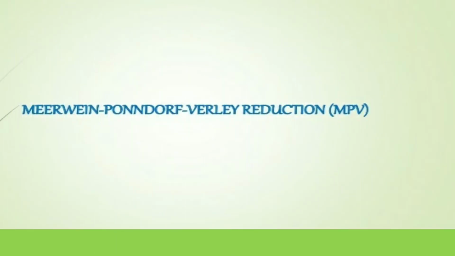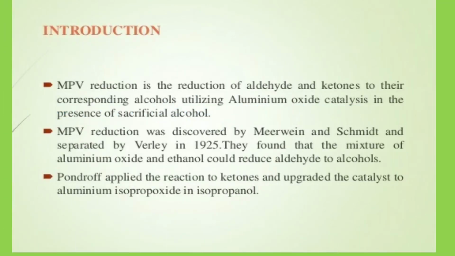Okay. Next, we are going to learn the next important reaction, that is Meerwein-Ponndorf-Verley reduction. Here this MPV reduction is the reduction of the aldehyde or the ketone to their corresponding alcohol utilizing aluminum alkoxide catalysis in the presence of a sacrificial alcohol.